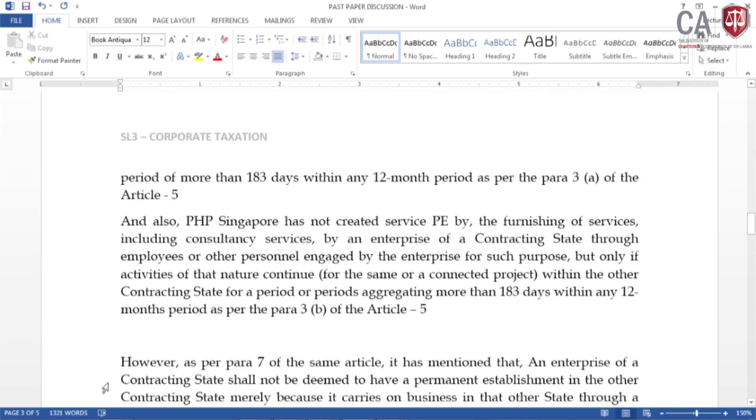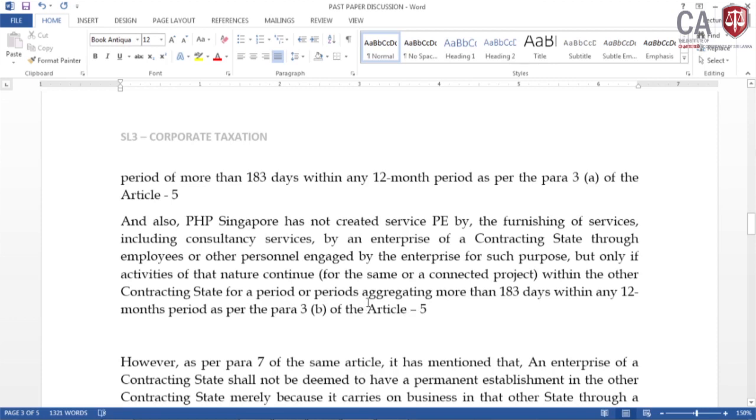Also, PHP Singapore has not created a service PE by the furnishing of services, including consultancy services, by an enterprise of the contracting state through employees or other personnel engaged by the enterprise for such purpose, but only if activities of that nature continue for the same or a connected project within the other contracting state for a period or periods aggregating how many days?